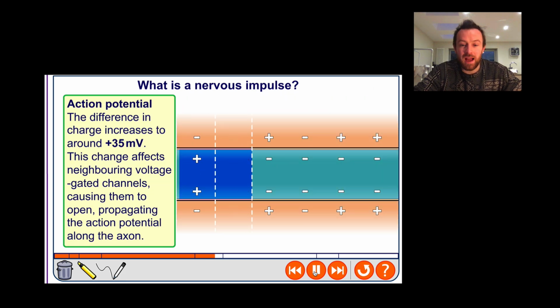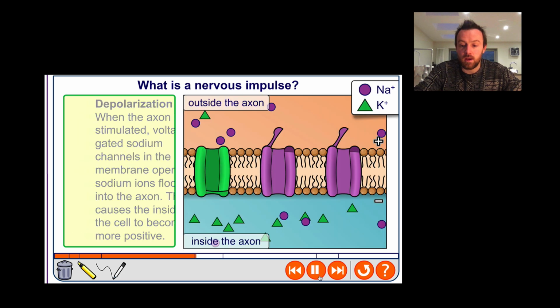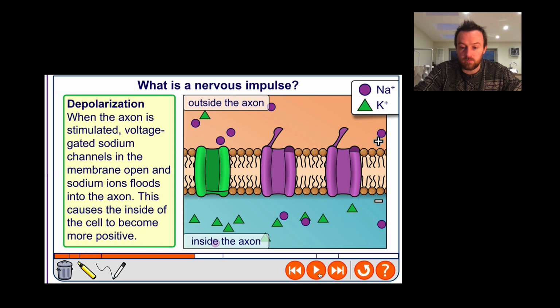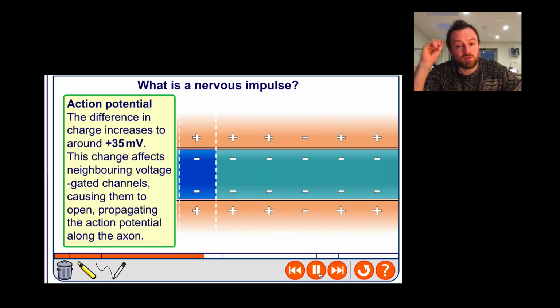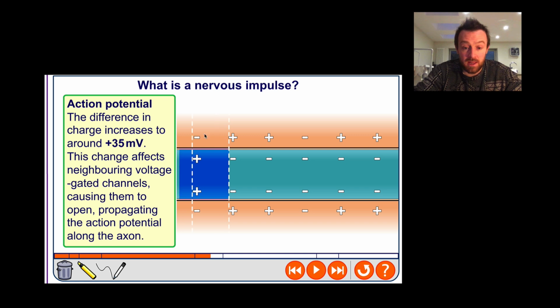So how does the action potential spread? This is the really interesting bit which I wanted to show you. I'm going to take that back again. As sodium ions move in, let's pause it there. As sodium ions move into this region of the cell, it briefly becomes positive. They don't just stay exactly in that part of the cell, do they?